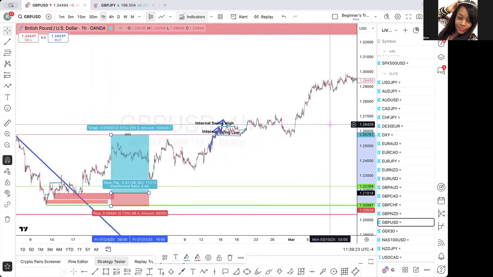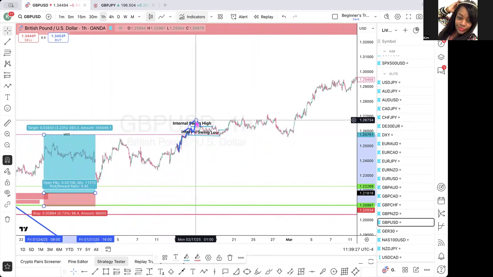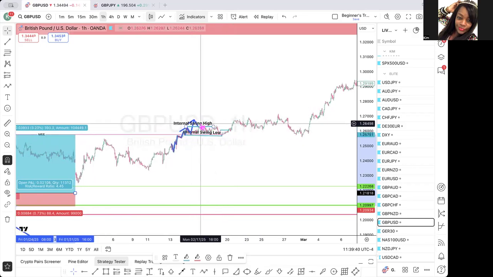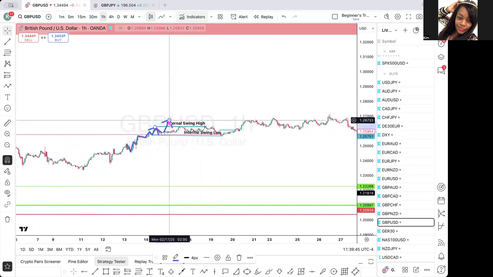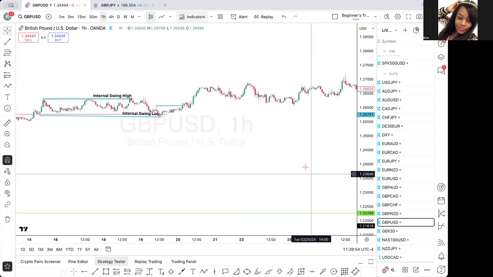If you identified the structure as you should have, and you know that we are right here, the last internal structure, price pulled back. Once price broke this structure here, I'm going to move this so we can see it clearly, and I'm going to zoom in. Okay.